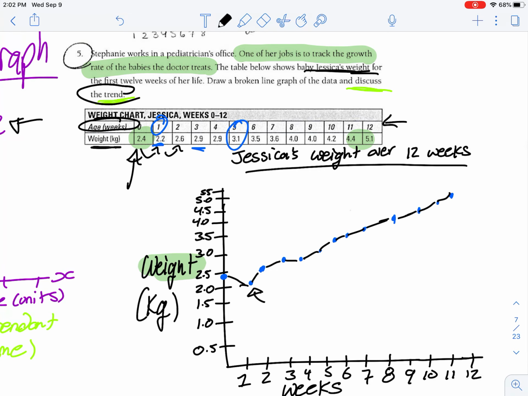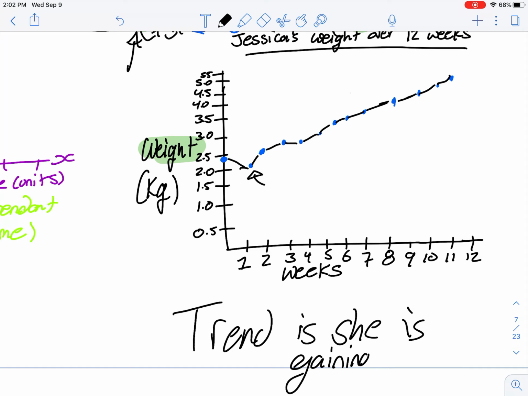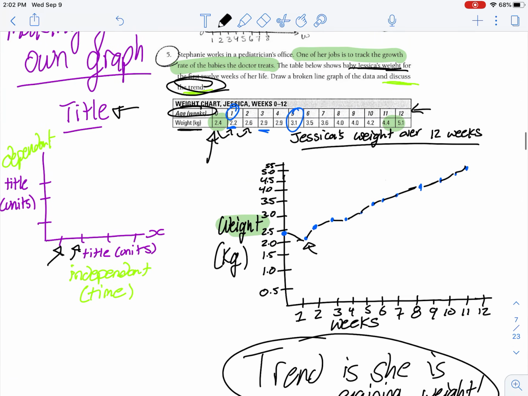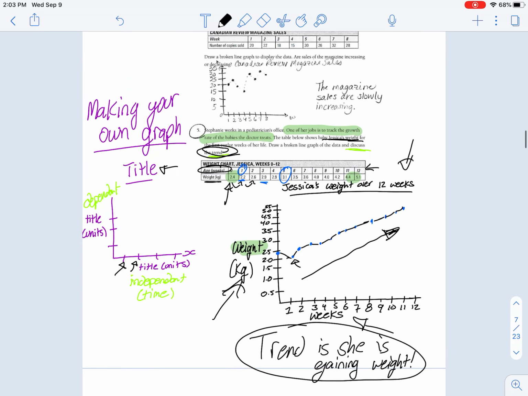But if we discuss the trend here, she's gaining weight, which is a really good thing for a baby. Okay, so there's your trend. She gained weight, and you can see that because it's increasing as the weeks go on. Okay, there's your general trend. So remember, we wrote a title, we wrote what each X and Y axis is, the units, and then discuss the trend. Awesome.